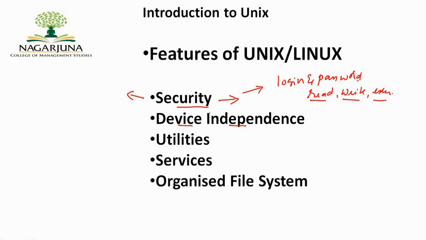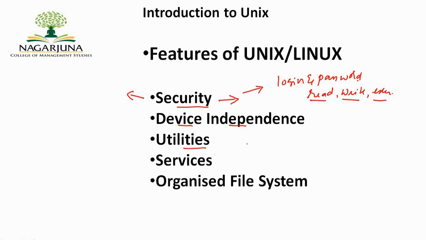The next important feature of your Unix operating system is utilities, where utilities are the programs that support the process for your user. It is a kind of rich library of programs which helps the user to easily perform some of the operations in a shorthand method. Basically we have three common utilities in Unix.